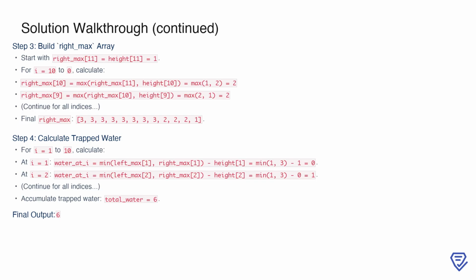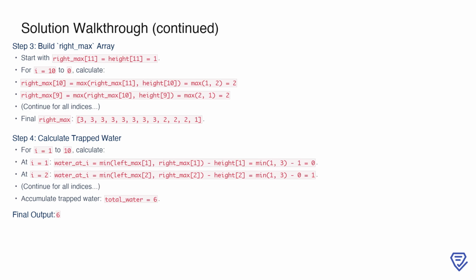Now, we construct the right_max array. This array captures the highest barrier encountered so far as we move from right to left. We start by setting right_max[11] to the height at the last index, which is 1. At index 10, the maximum value between right_max[11] and height[10] is calculated as 2.